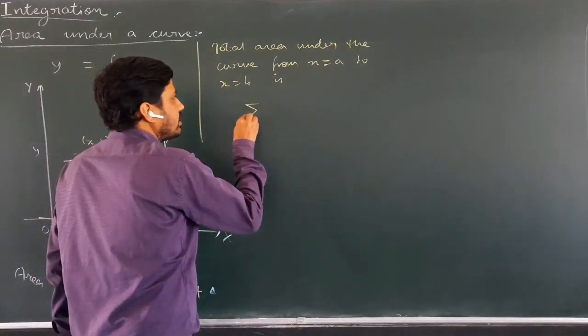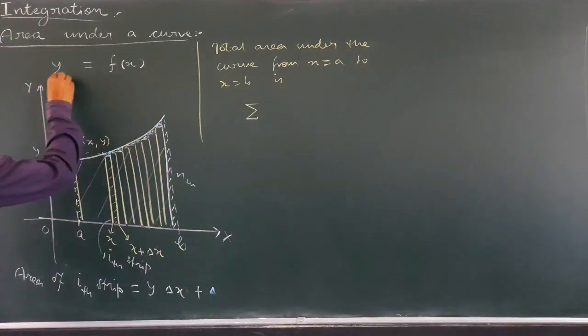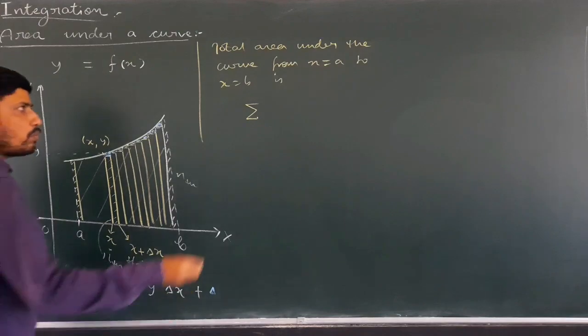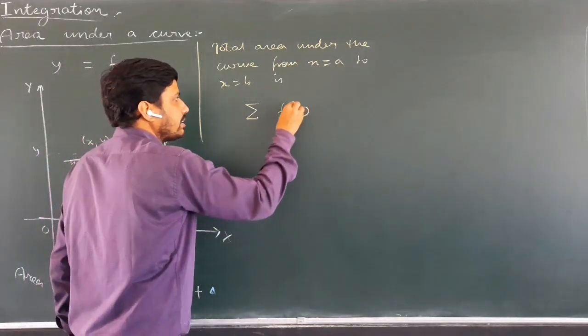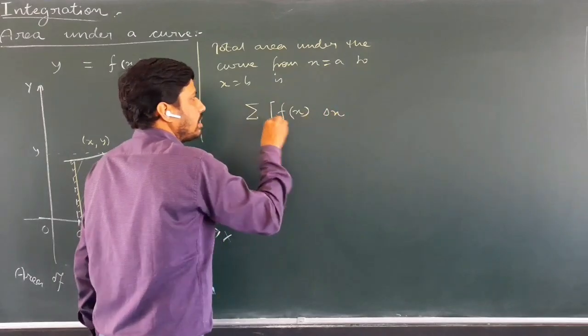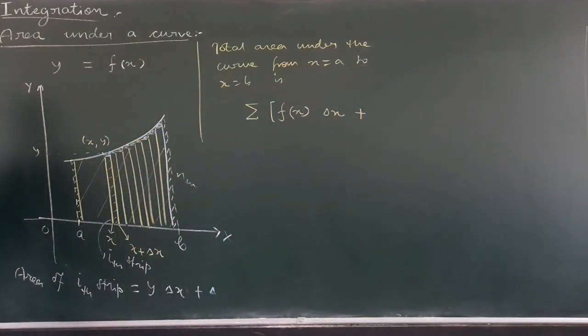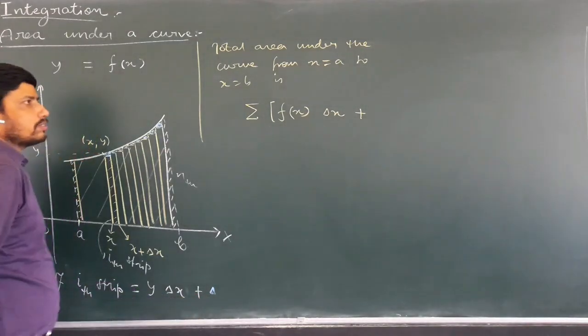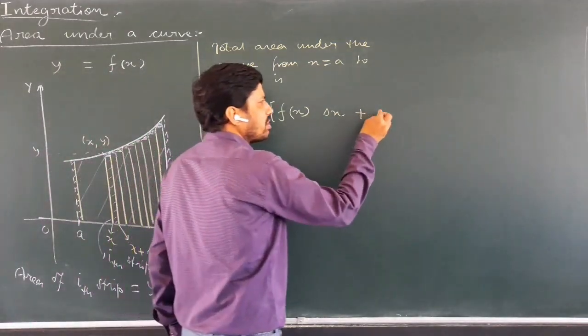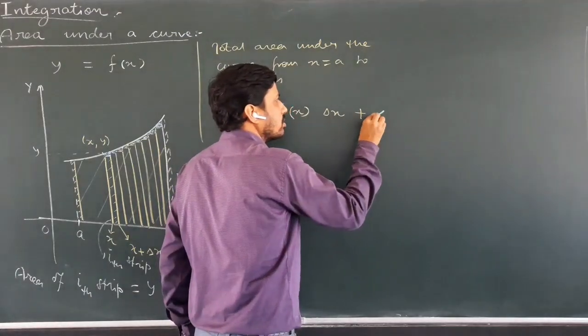So we can write it as summation of y. Now y is nothing but f of x. So I can write instead of y, f of x. Then we have delta x and plus this value. Now this value I am not writing an expression, just I am indicating it by a small triangular portion like so.